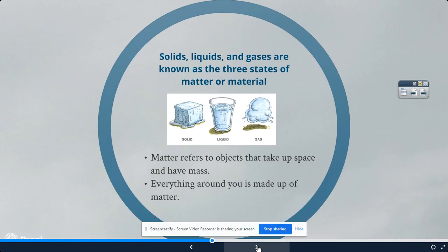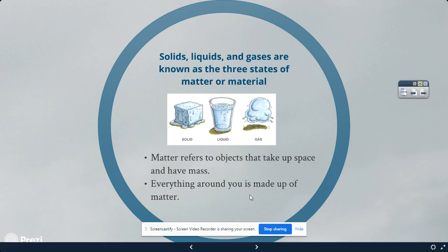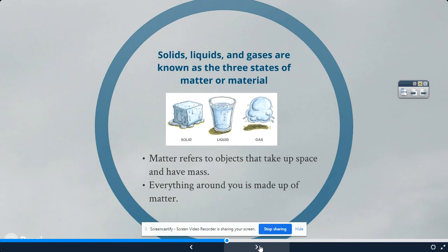So solids, liquids, and gases are known as the three states of matter or material. Matter refers to any object that takes up space and has mass. So any object that takes up space and has mass is considered matter. Everything around you is made up of matter.